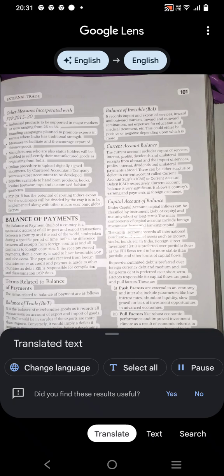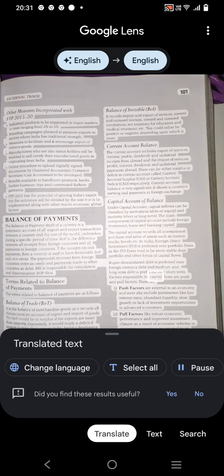The capital account records all international purchases and sales of assets such as money, stocks, bonds, etc. In India, foreign direct investment, FDI, is preferred over portfolio flows as FDI flows tend to be more stable than portfolio and other forms of capital flows. Foreign currency debt and medium and long-term debt is preferred over short-term.